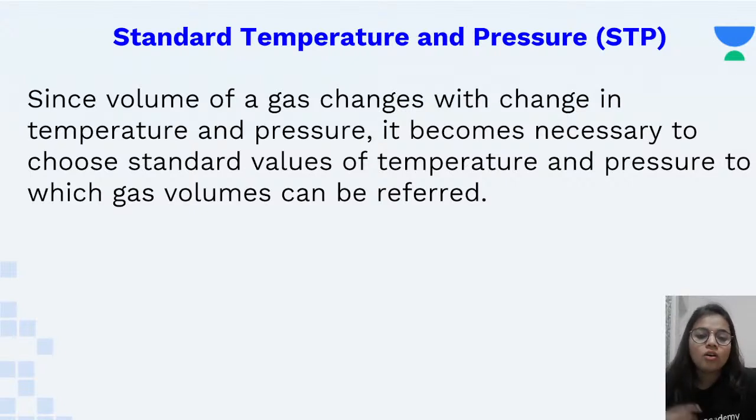Volume of any given mass of gas, as you know, changes if we change the temperature and pressure. Therefore it becomes very necessary to select standard values of temperature and pressure to which we can refer.